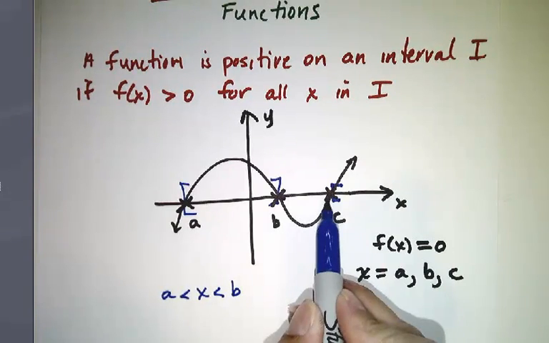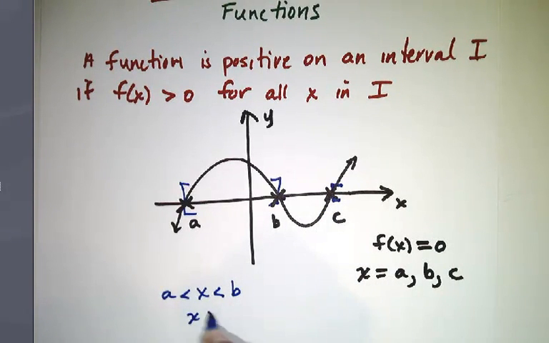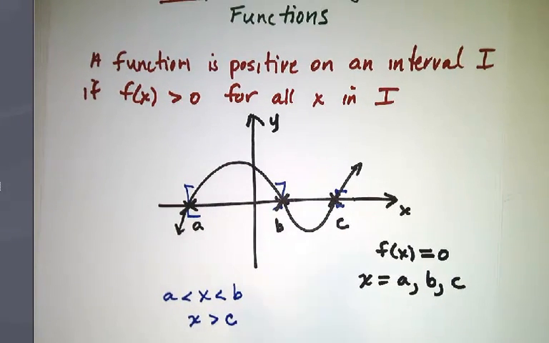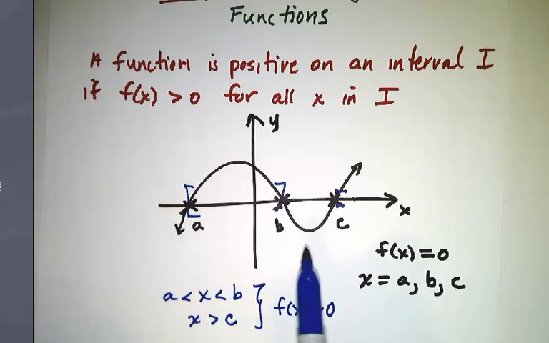Between b and c it's not, and when x is bigger than c. So for these x values, f of x is greater than 0. Now notice I did not include the endpoints a, b, and c because at those points my function is equal to 0. So I'm looking for the x values such that f of x is greater than 0. That's where my function is positive.